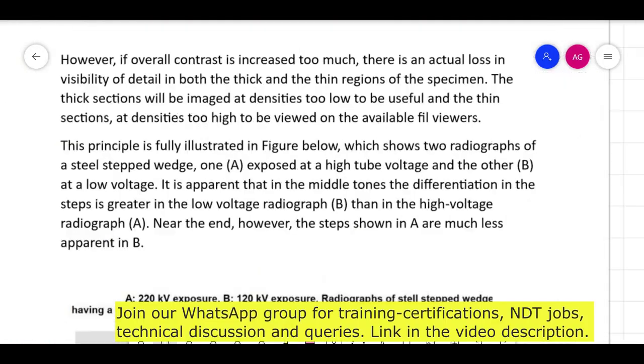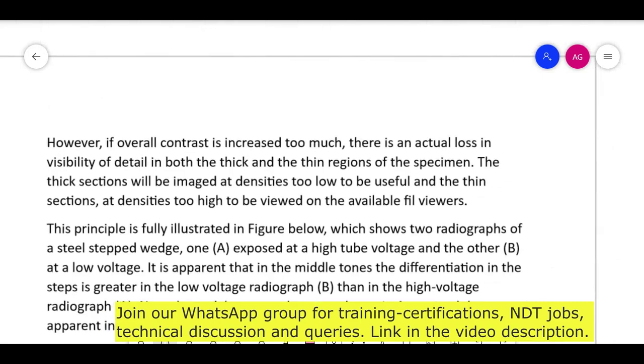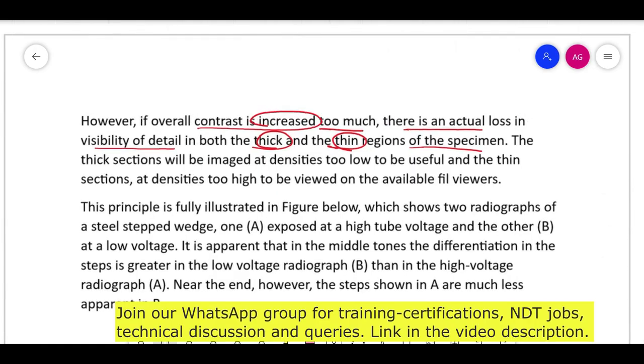Okay, now see, here is an example. However, if the overall contrast is increased too much, what will happen if you increase the contrast too much? There is an actual loss in visibility of detail in both the thick and thin regions of the specimen. Okay? So here, there is any specimen which has both thick and thin regions.